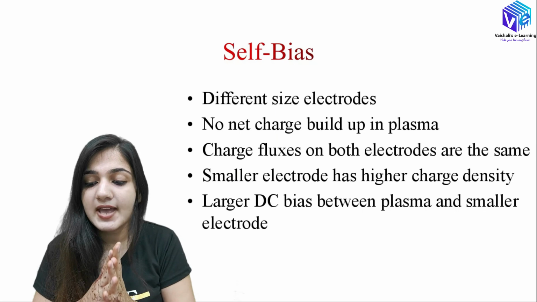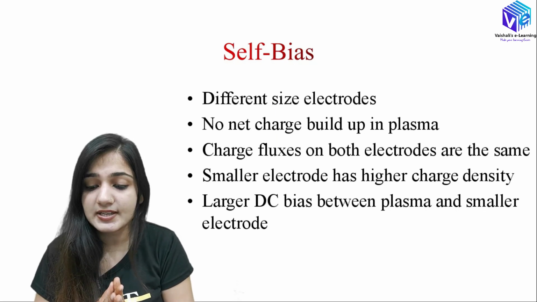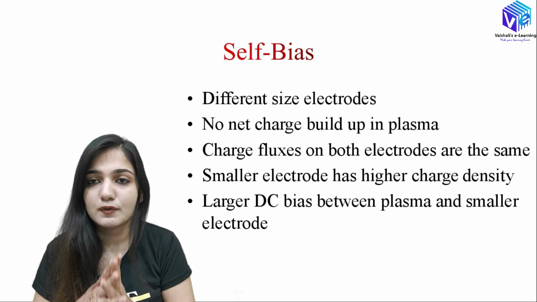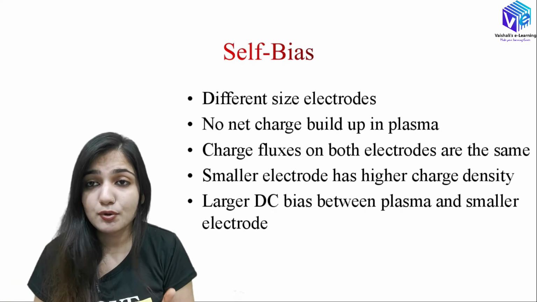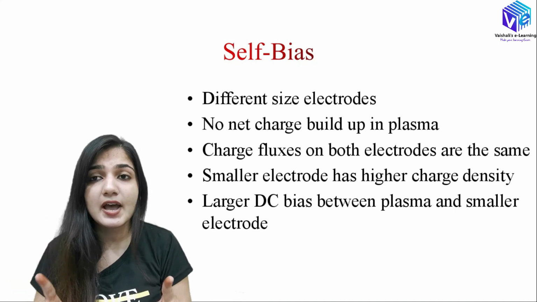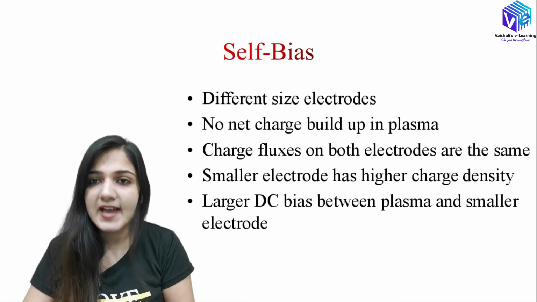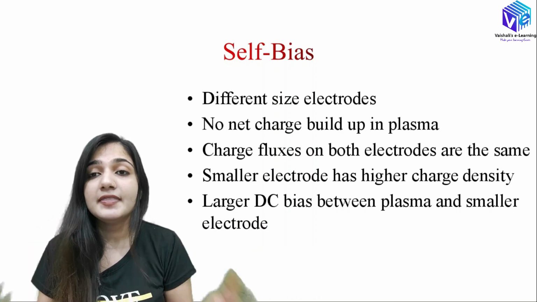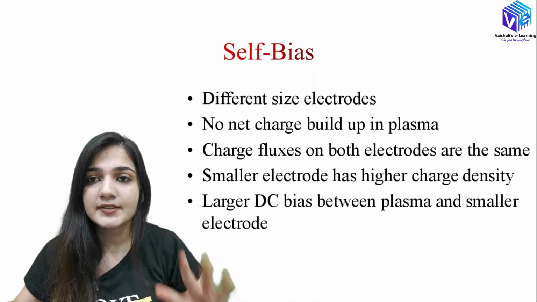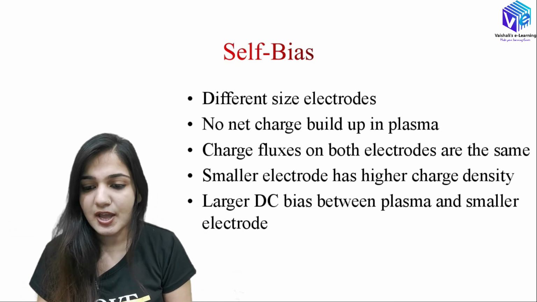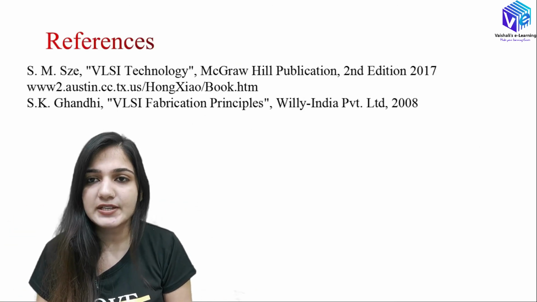Smaller electrodes have higher charge density and a larger DC bias between the plasma and the smaller electrode. So I can control all of the factors with the help of the size of the electrode also. Pressure, size of the electrode and power are all very important controlling parameters for dry etching. I am going to discuss all of these in detail.